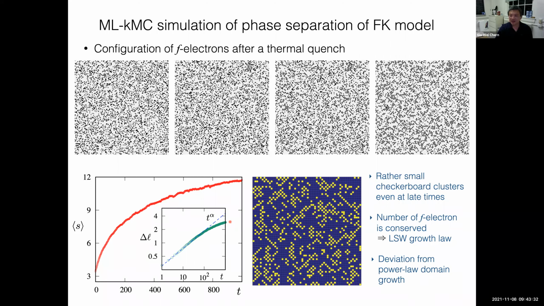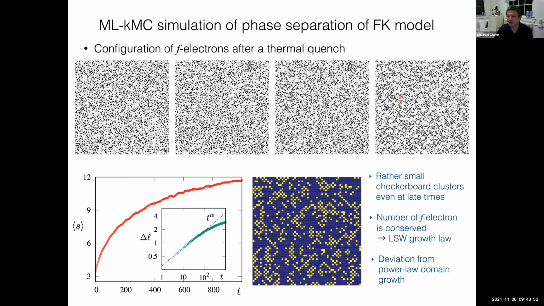All right. So this seems to be the end of the story, but we noticed something unusual during this phase separation process. To see this, we use different colors for F electrons when they reside on the A sublattice or the B sublattice.